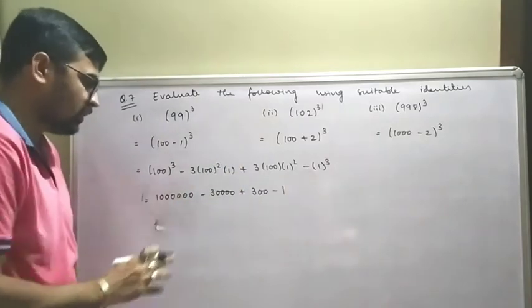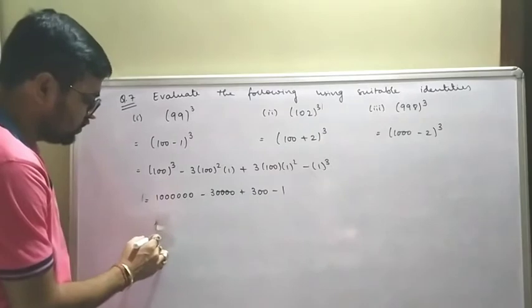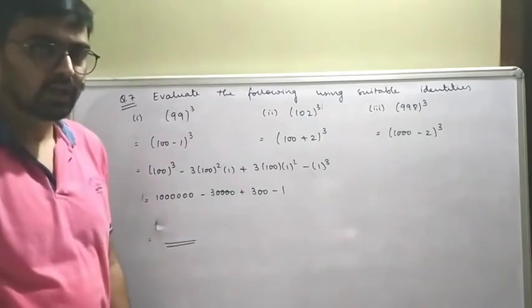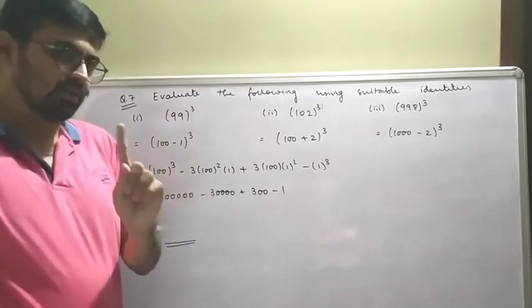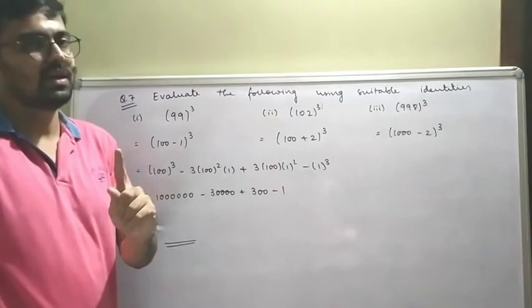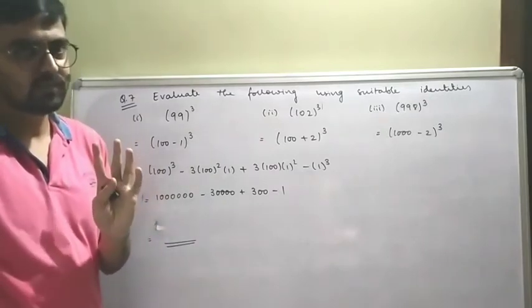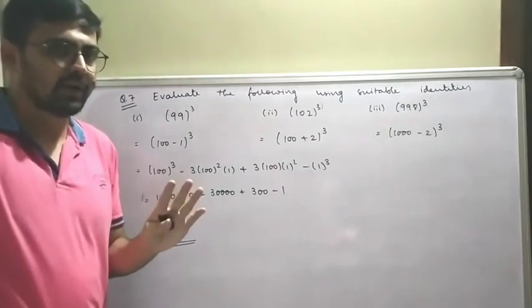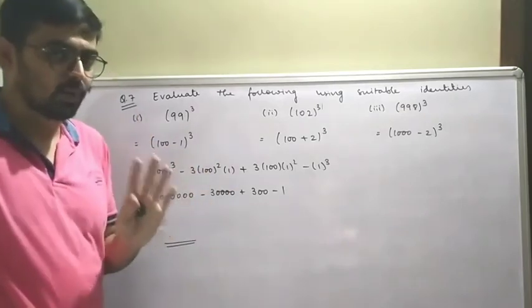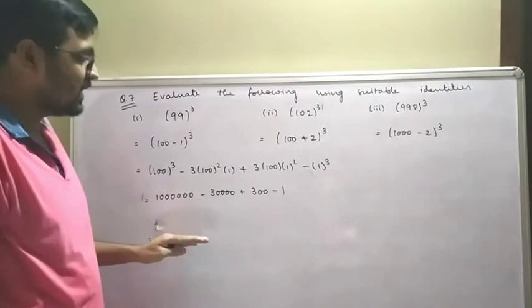I can do this for you, but what I want is that you should calculate this and get the answer for yourself. This may take a minute or so to solve, but I am sure that no student will make a mistake in plus or minus. I hope that. Simple. So this is how we are supposed to do.